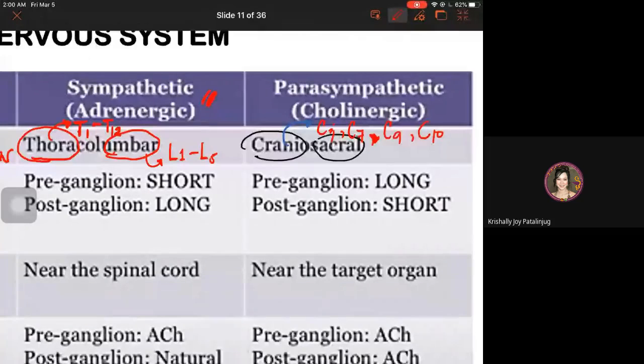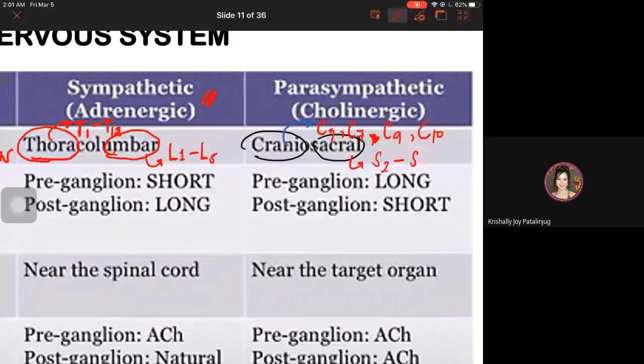Next, sacral nerves. Okay? Sacral nerves naman, ito yung nasa pinaka-terminal part ng spinal cord. When I say pinaka-terminal part ng spinal cord, kanang duol na bitaw sa anus. Okay? So, yan yung terminal part ng spinal cord. Now, there are sacral portions that have cholinergic or parasympathetic neurons also, particularly from sacral nerve 2 until sacral nerve 4.